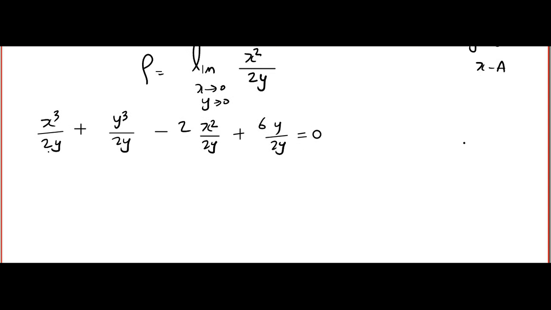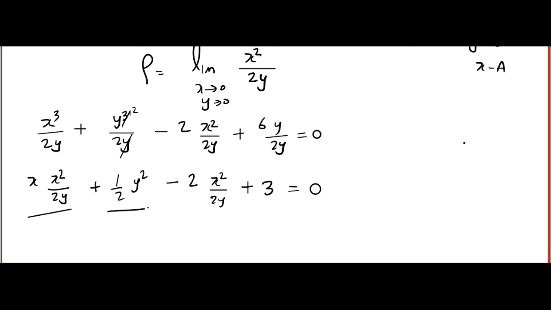The first one I am going to write x times x square by 2y, because I am creating this x square by 2y, plus here it is 1 by 2 into y squared, and here it will be 2 into, don't touch that, don't cancel that 2 because we need that 2y here, plus 3 is equal to 0.